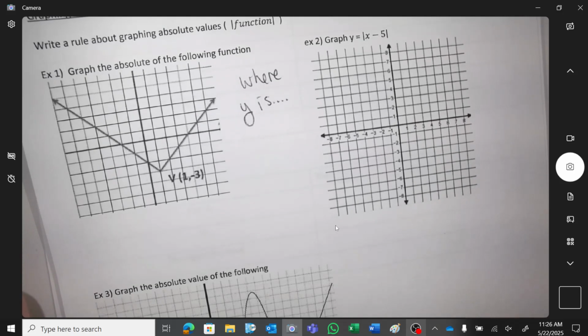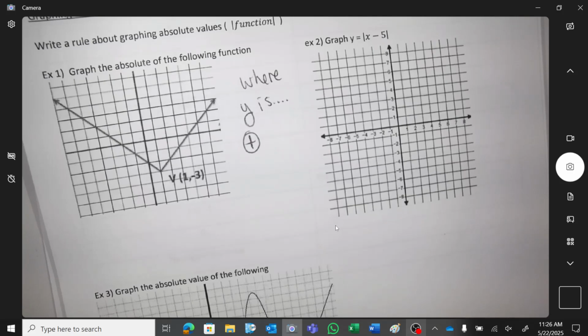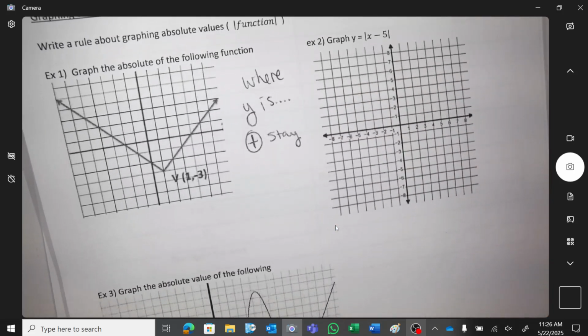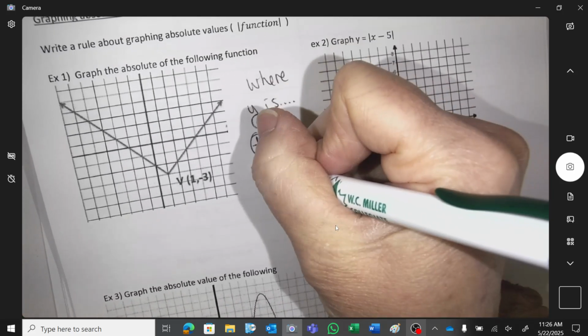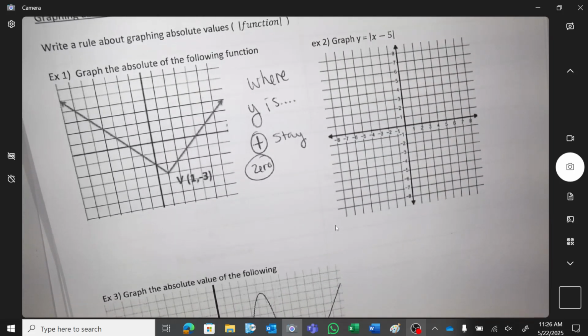Okay, so where y is, first scenario, where y is positive, what do you do when you absolute value a positive number? For example, what's the absolute value of 6? 6. You just stay, right? What about the value 0? Can you have a distance of 0?